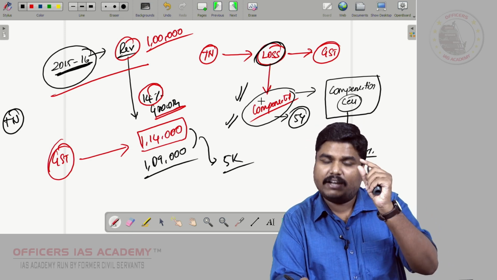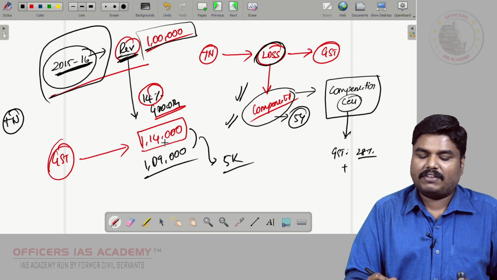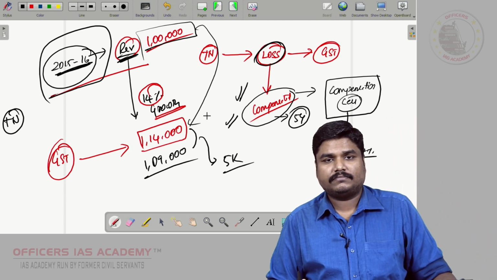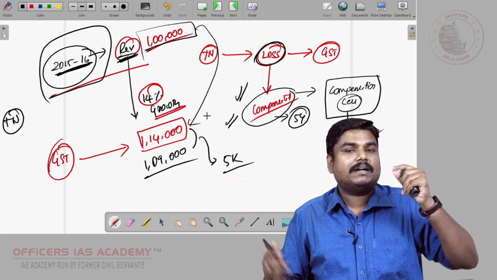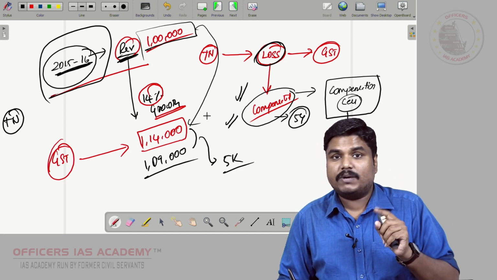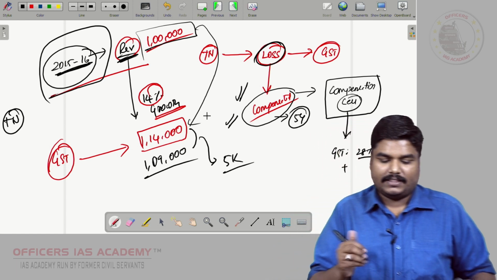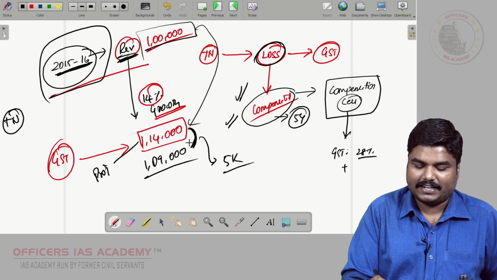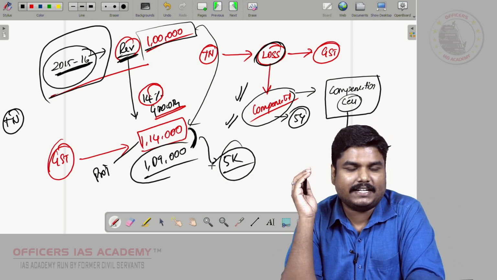How to calculate the loss? Central government said we will take 15-16 revenue as the base. From this revenue, if you are not able to get minimum 14% growth, if Tamil Nadu government receives 1,14,000 crores, great, no need to compensate. But if the revenue is falling less than 1,14,000 crores, if the state government is not able to achieve 14% growth in the revenue, then the difference amount, between this projected and this reality, that difference of 5,000 crores will be compensated.